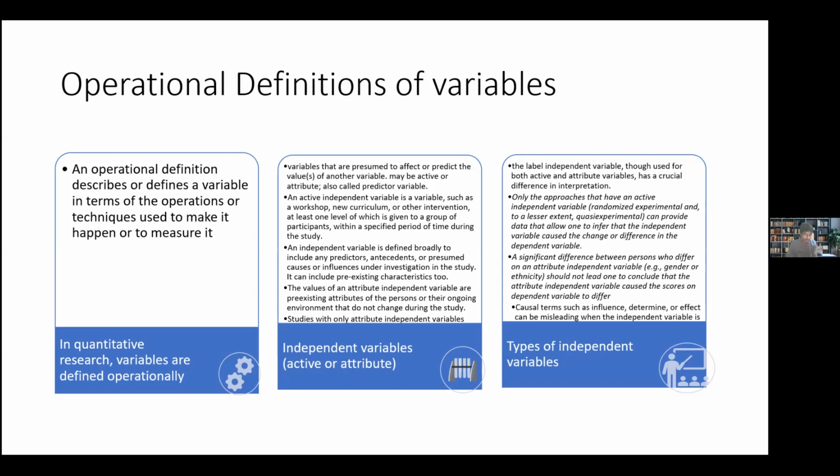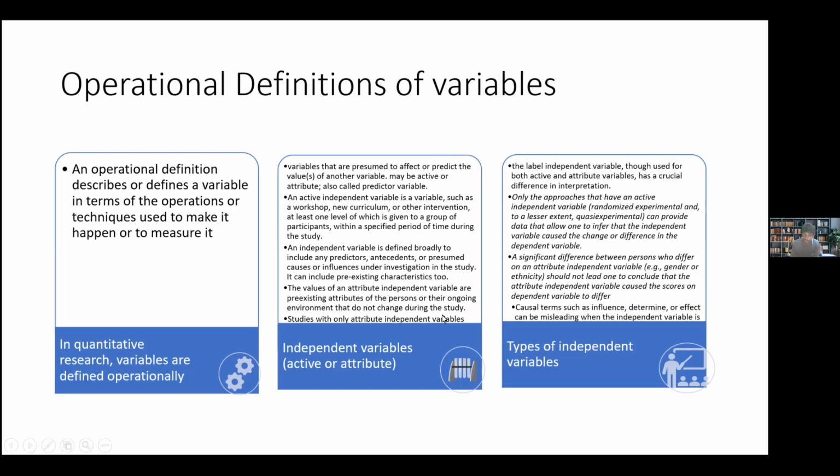If you want to study people with fourth stage or third stage cancer, you cannot give them that stage. So you choose people who are already suffering from that stage, and then see their quality of life, and probably their cognitive abilities or something like that. That is called an attribute variable. So an independent variable can take the form of either active or attribute variables.